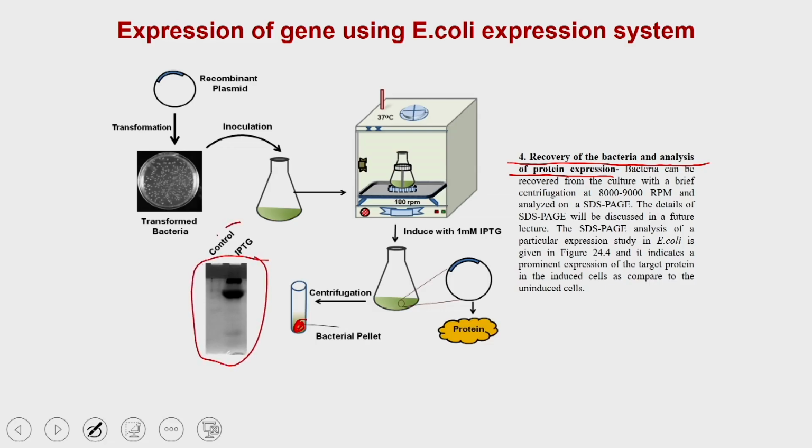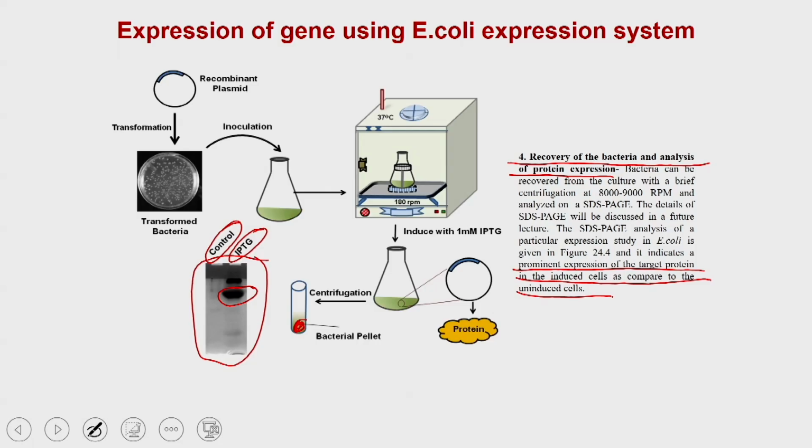As you can see here, this is the control bacteria, which means untransformed or uninduced bacteria, and this is the IPTG induced bacteria, and you will see enhanced production of that particular protein compared to all other proteins. So, there is a prominent expression of the target protein in the induced cells as compared to the uninduced cells.